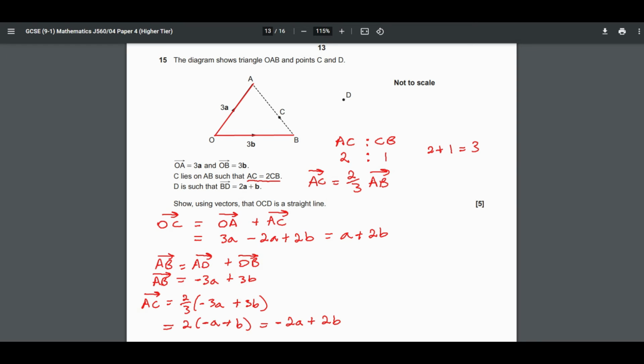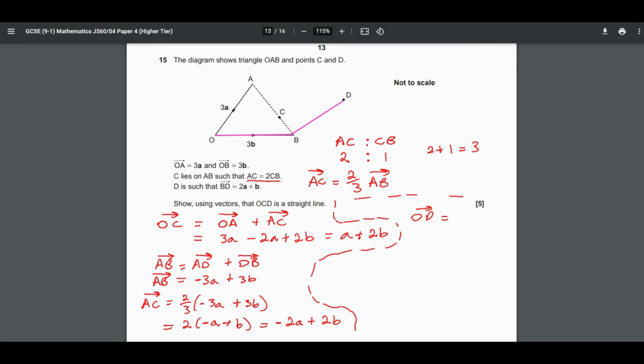So we're nearly there. We need to find how to get from O to D, because that's the big line that we're talking about for this straight line, OCD. So OC is inside the longer line O to D. And to get from O to D, you would travel along O to B and then B to D, which we're told in the question.